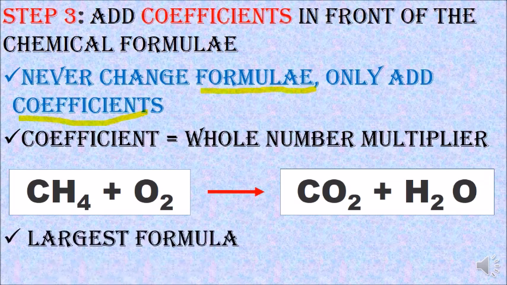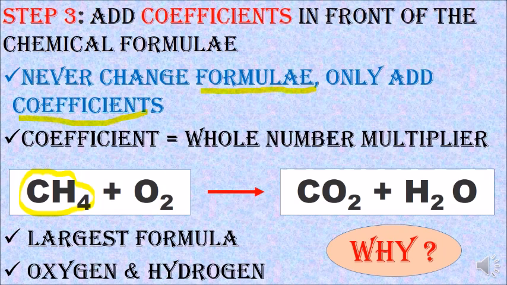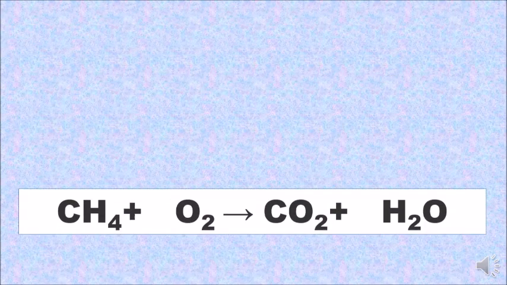Generally, for balancing chemical equations, we begin with the largest formula of the skeleton equation. Here, the largest formula is methane. Oxygen and hydrogen are balanced in the last step. You know why? Because they usually appear in multiple reactants and products. So, if you start balancing them first, you will be making extra work for yourself.